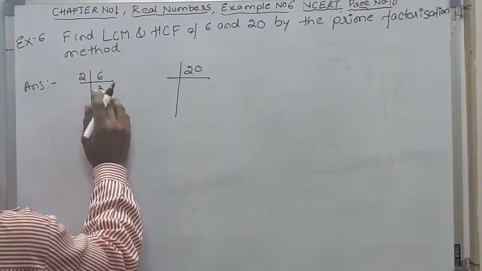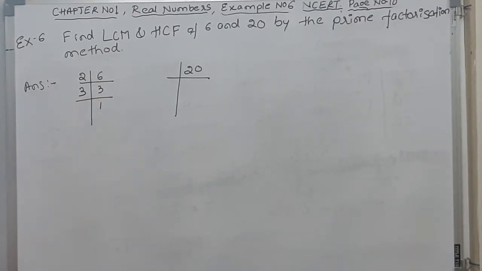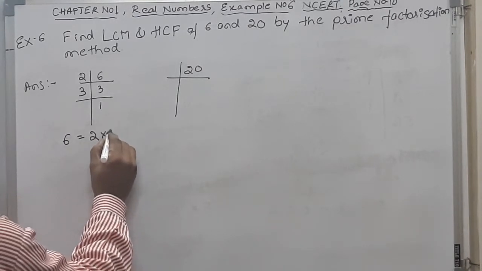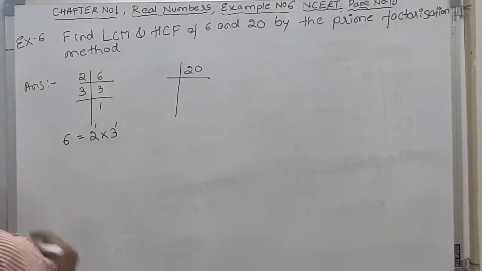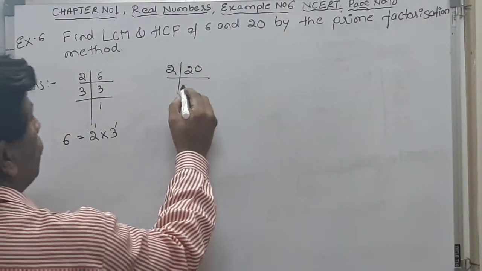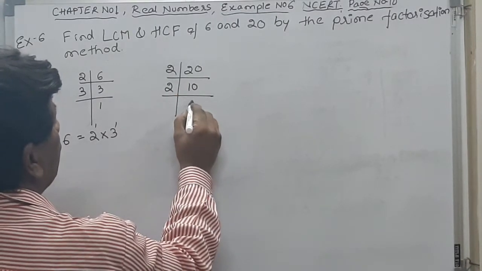So 6 equals 2 into 3, that is 2 raised to 1 into 3 raised to 1. As powers, both 2 and 3 have 1. Coming to 20, 2 is a factor: 2 twos are 4, 4 fives are 20.